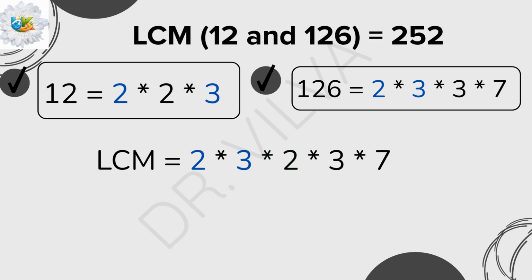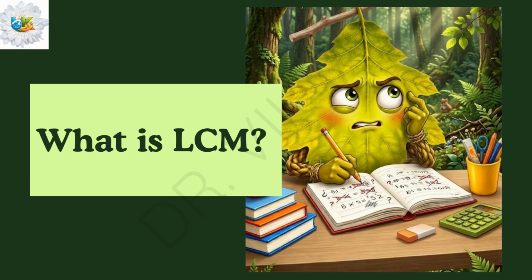We then include the remaining factors, 2 from 12 and the 3 and 7 from 126. Therefore, the LCM is 2 times 3 times 2 times 3 times 7, which is 252.